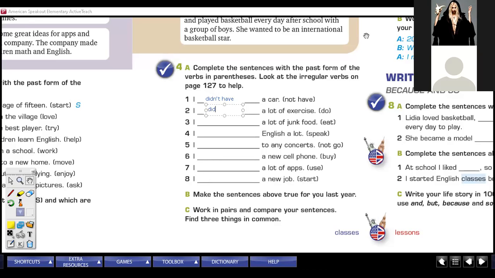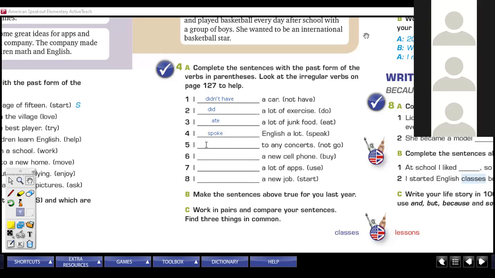Did. Very good. Let's do it like that and then we're gonna read it, okay? What is the past tense of eat? Ate. Excellent. Past tense of speak? Spoke.